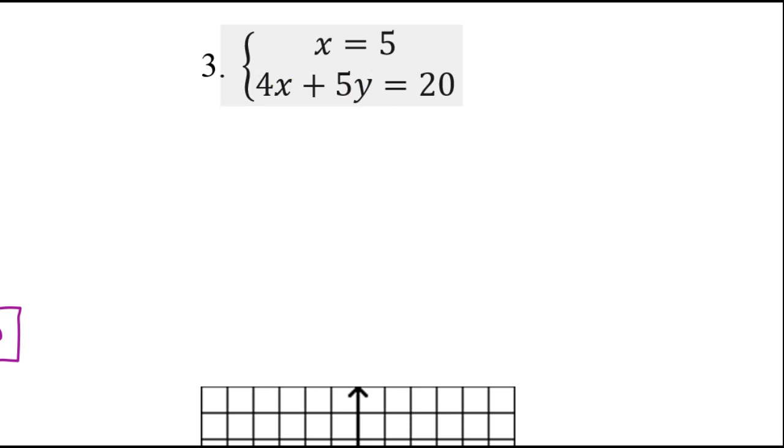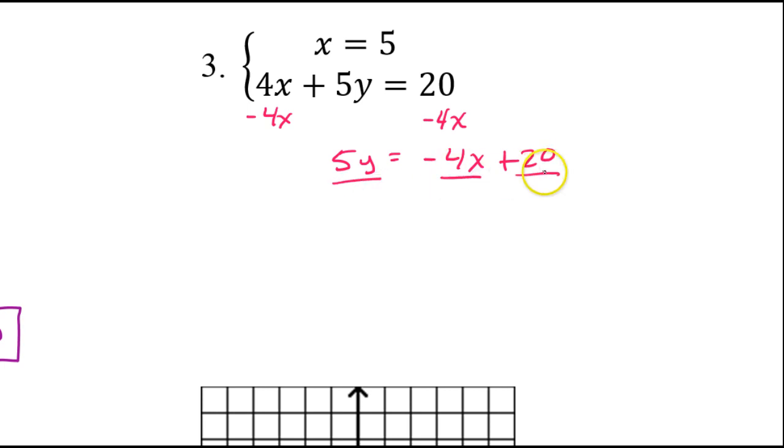We've got x equals 5, so fine, I'll keep that in mind. But the second equation, in order to get y by itself, I would have to subtract 4x from both sides. So far that's going to give me 5y is equal to -4x plus 20. And then I would need to divide everything by 5 to get y by itself.